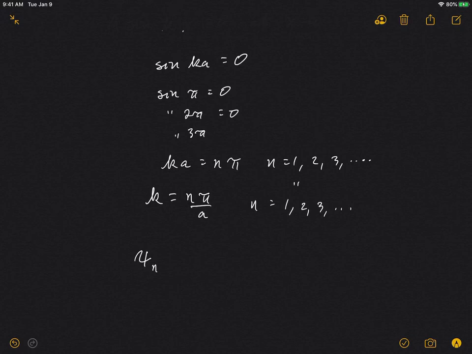We'll say psi sub n is equal to a sine of n pi x over a, where again n is equal to 1, 2, and 3. Or we can say kx, either one. Sometimes one might be more useful than the other.